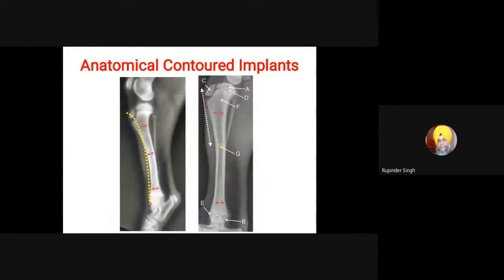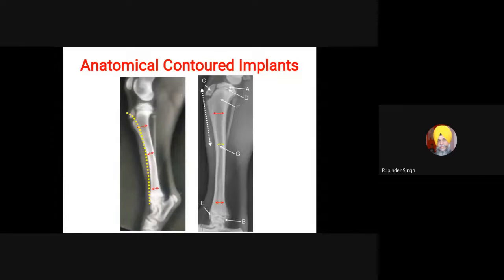Then there is another example, which is a different bone. This is the tibia. Here also you can appreciate that the tibia bone is curved. As you can see from the yellow line on the left side, the bone is curved. If such fractures are treated with a straight implant, those can irritate the upper joint.